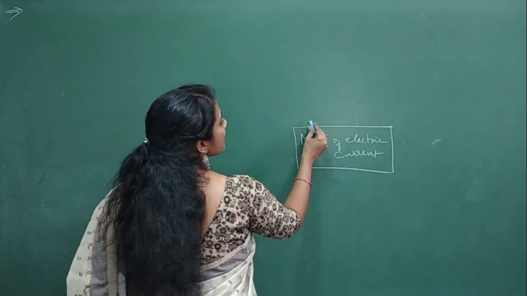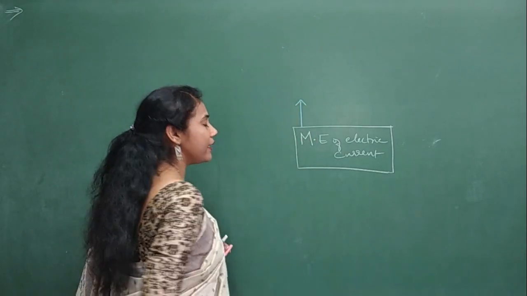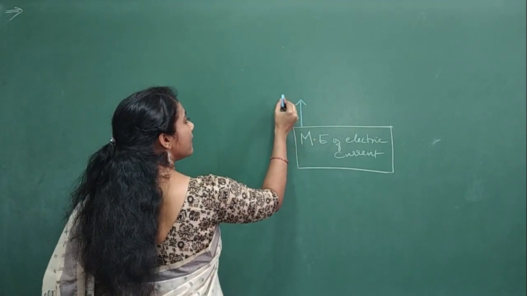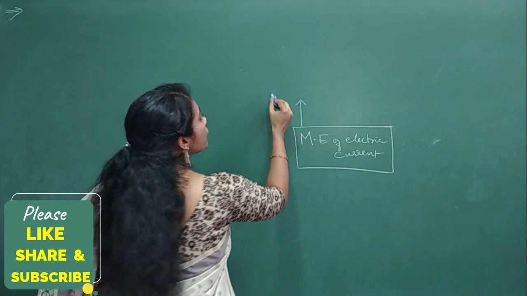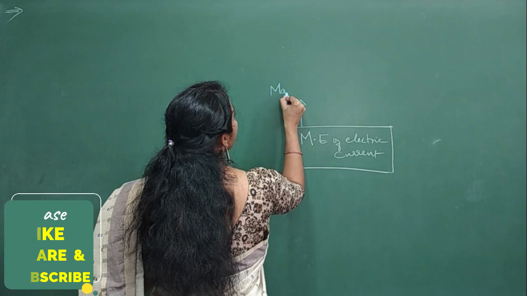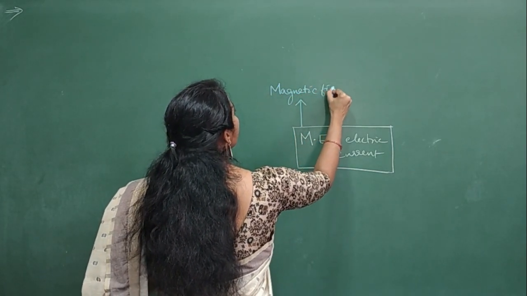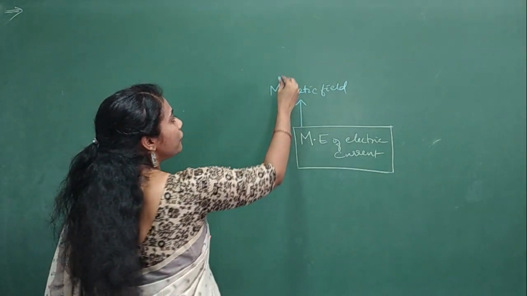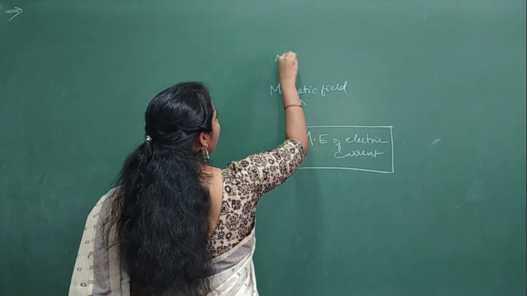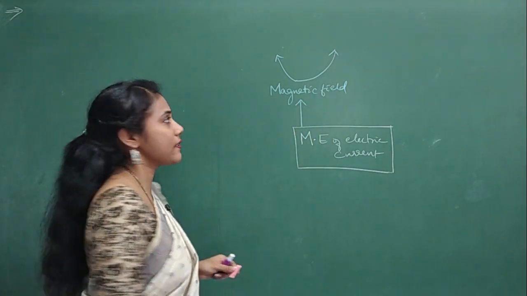First and foremost, let me go with a very simple topic that we learned: magnetic field and magnetic field lines. Yes or no? So we learned something called magnetic field. For board point of view, what you have to remember from the magnetic field topic is its definition and field line properties.